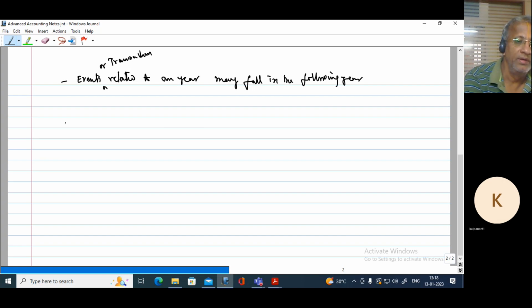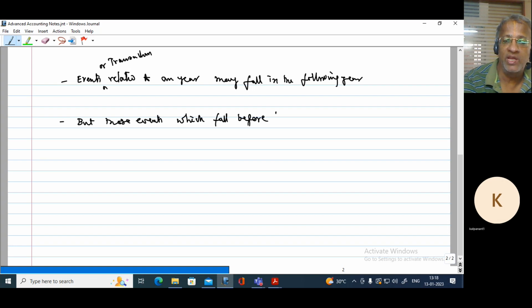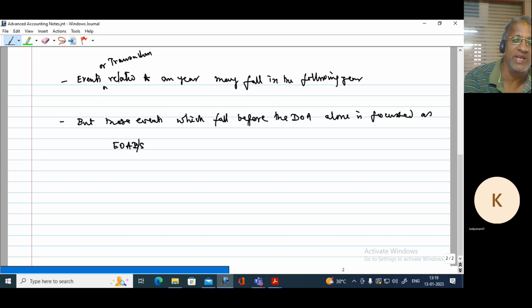Correct? But those events which fall before the date of approval alone are the focus, as events occurring after balance sheet date.